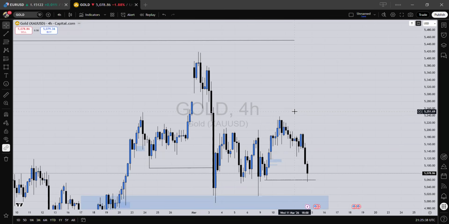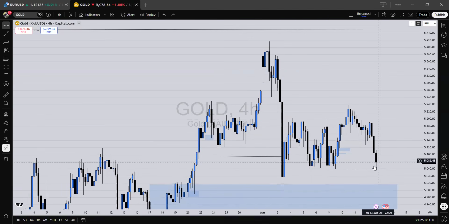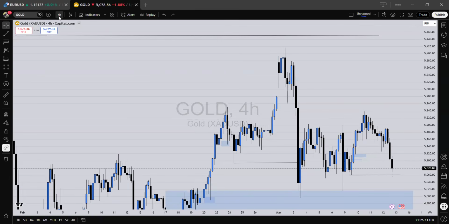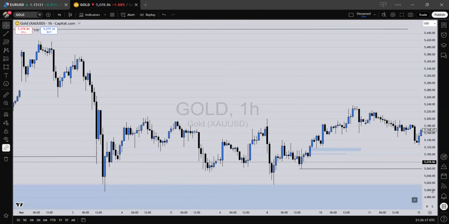Number one is, how do you take your confirmation entry when the price is at your POI? Have you not been in this class? Most times I don't take confirmation entry. I take aggressive entries. Price comes to my entry, I take it like that. But if I want to take confirmation, maybe I want price to react first, I make use of fair value gap. In my lower time frame, I can use my fair value gap.